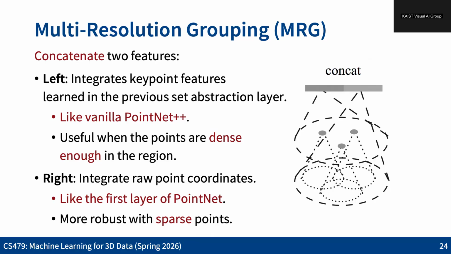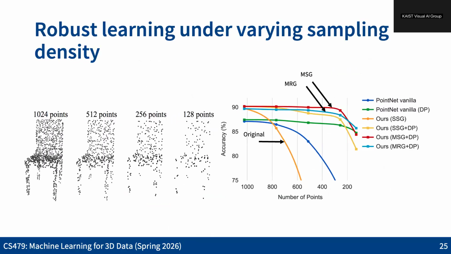We only have 2 layers of points. For cases where the point cloud is sparse, we might rely more on the information coming from the input point cloud. For cases where we have sufficient density of points, we can rely more on the hierarchical features that we already computed from the previous layers. By having only 2 layers, we can save some computation compared to the previous case. So these are a bunch of ideas for how we can make PointNet++ more robust to missing points.